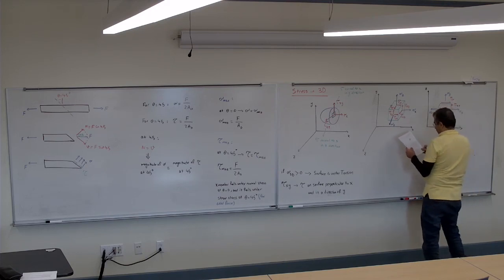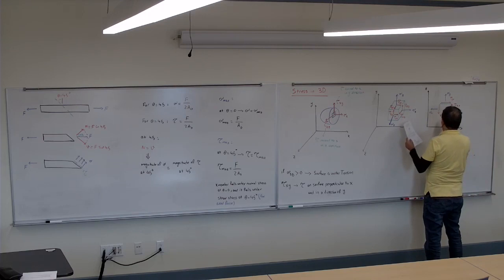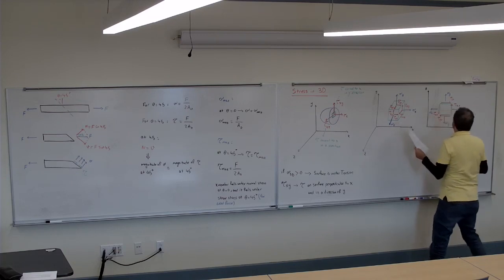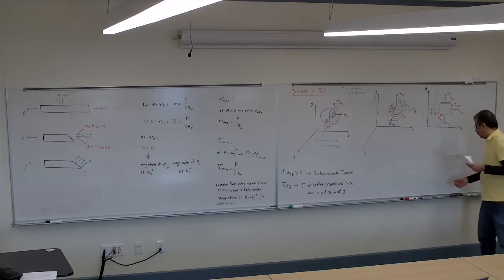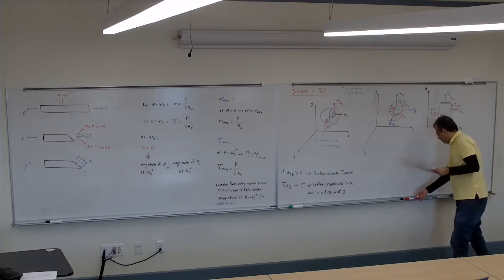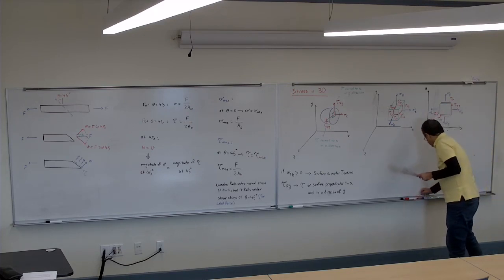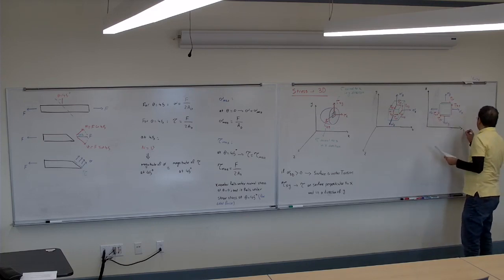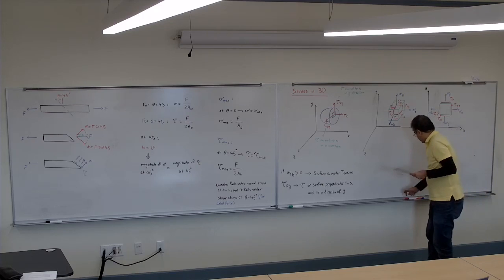And then these two, which is going to be tau y, tau xy. So it's going to look like this in 2D. So when dealing with 2D, we don't need to worry about arrows coming in or out of the board.